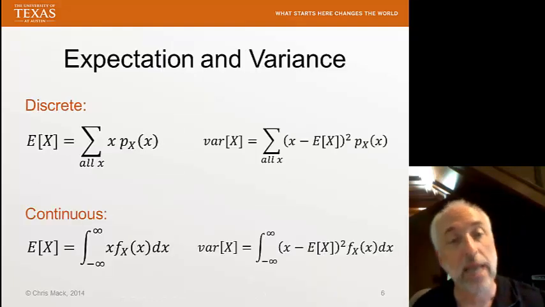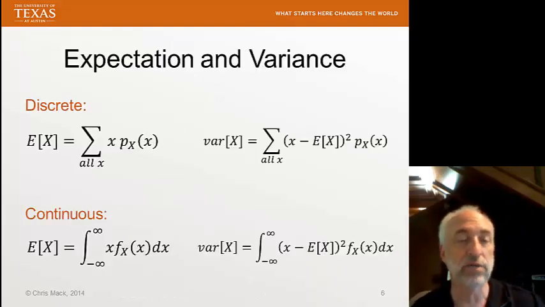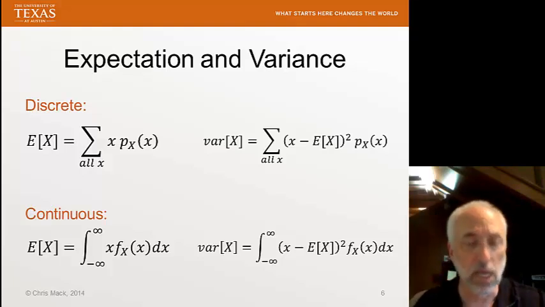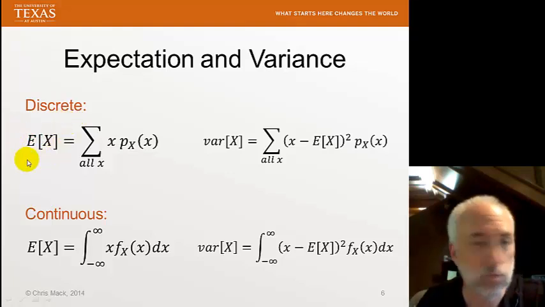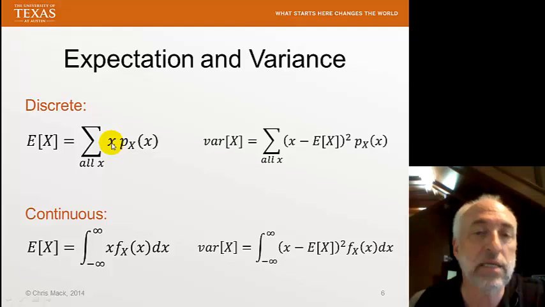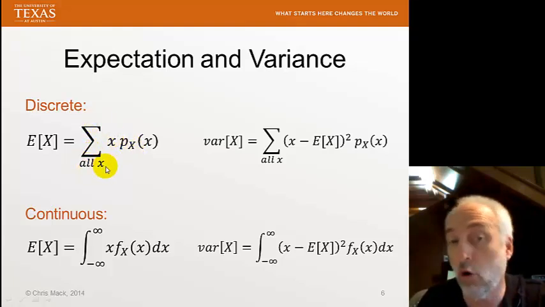All right, now that we have some idea of what a continuous random variable is and how we characterize it using a probability density function, let's compare expectation and variance for a discrete random variable to a continuous random variable. As we saw last time, for a discrete random variable, the expectation, which is nothing more than the mean, is the value of x multiplied by the probability that that x value will occur and then summing up over all possible x values.